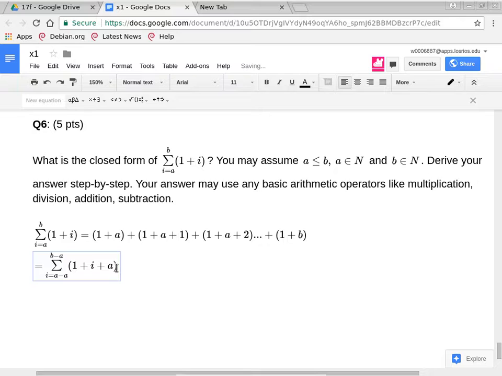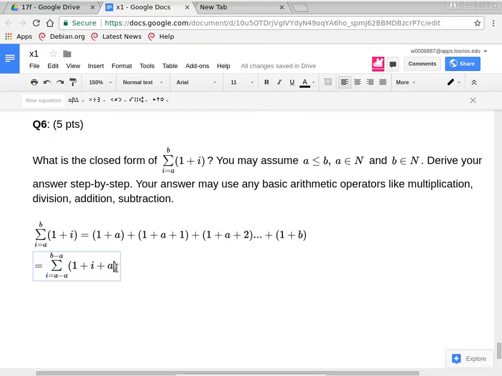Would that be okay? I'm changing the range, but I'm putting the plus a back so that even though the beginning and the end of the range are a less than what they used to be, the term itself has a compensated. Yep. We're just adding a to b in the sigma, does that work as well?